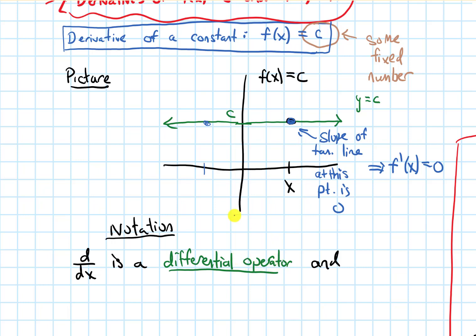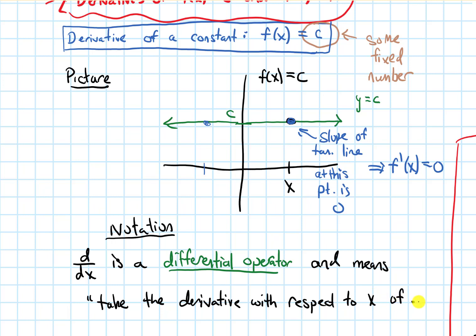An operator means it's going to perform some action. And what it means is take the derivative with respect to x of whatever I write after the d dx.